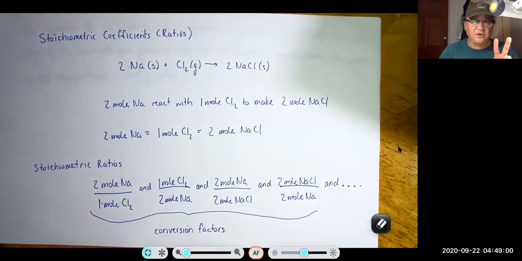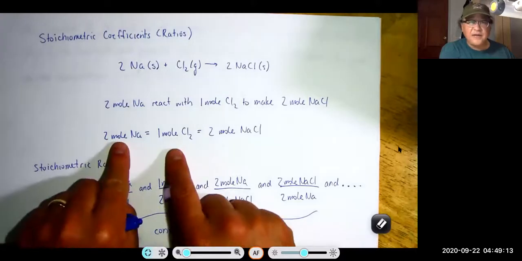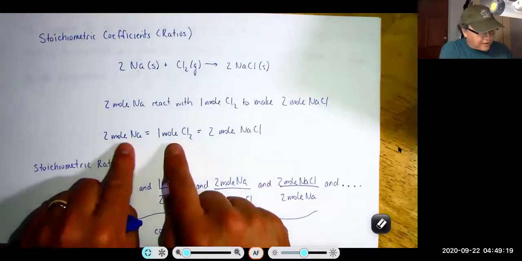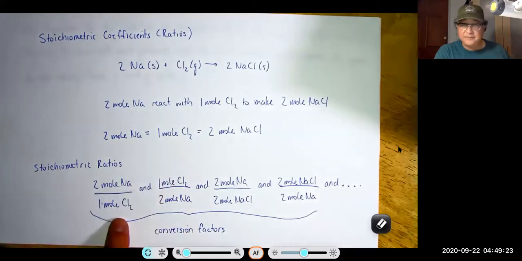For every 2 mole of sodium, I need 1 mole of chlorine for this recipe. And I will produce 2 mole of sodium chloride. So this is kind of a recipe or an equality. And remember, when we have equalities, we can get ratios out of this, which we can use as conversion factors. So for this equality here, I can write 2 mole of sodium over 1 mole of chlorine.